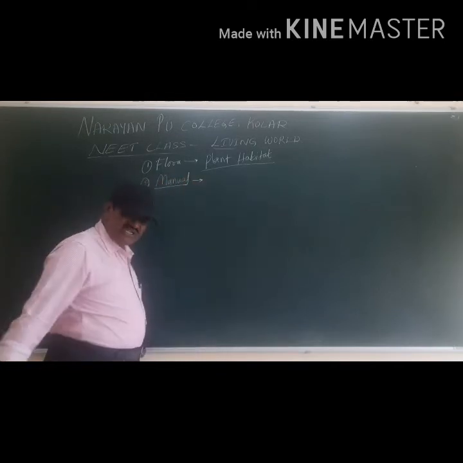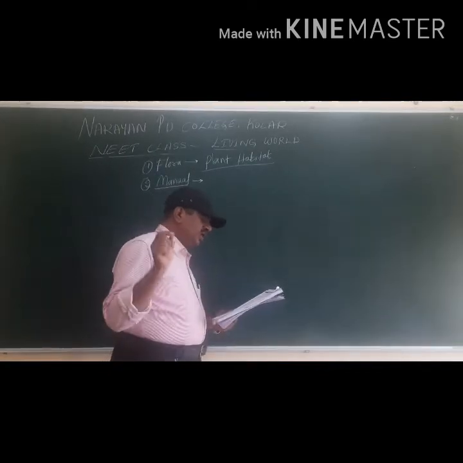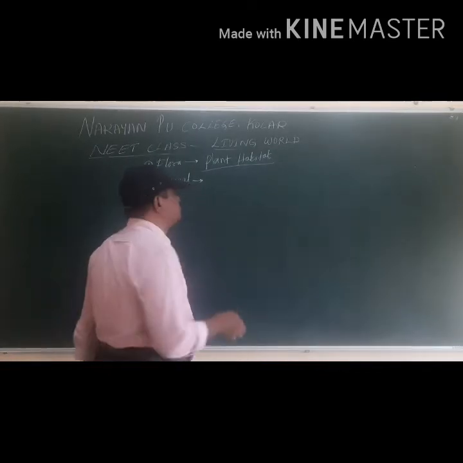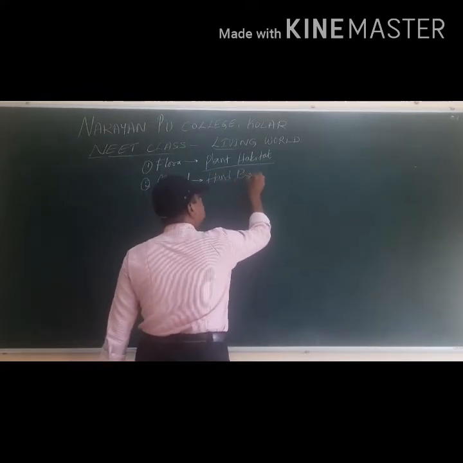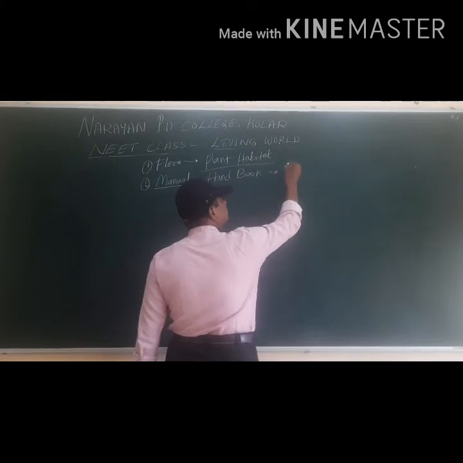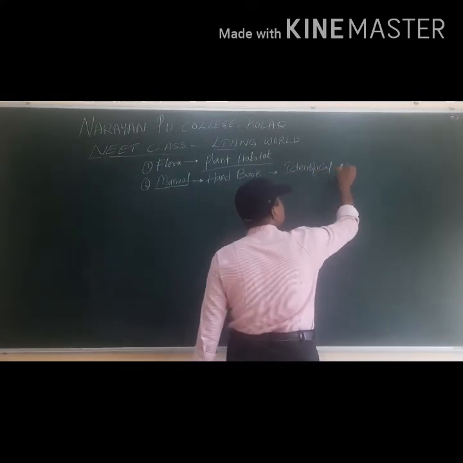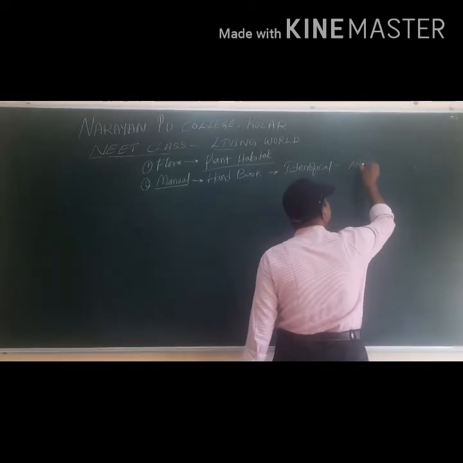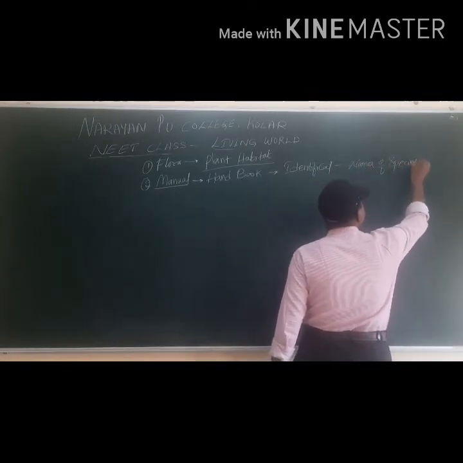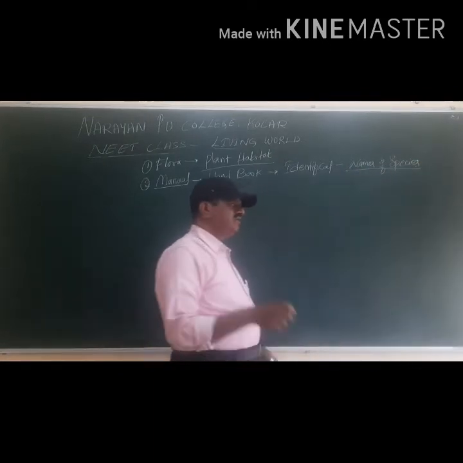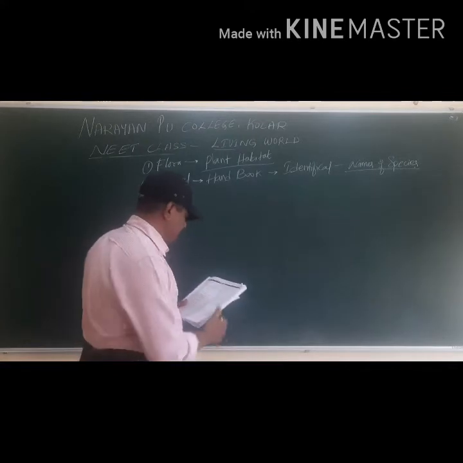The manual is nothing but a handbook to know about a particular species, a handbook for the identification of names of species of a particular plant or an animal given in one particular area.